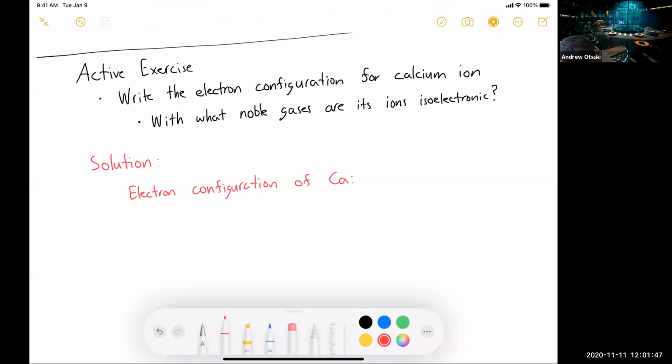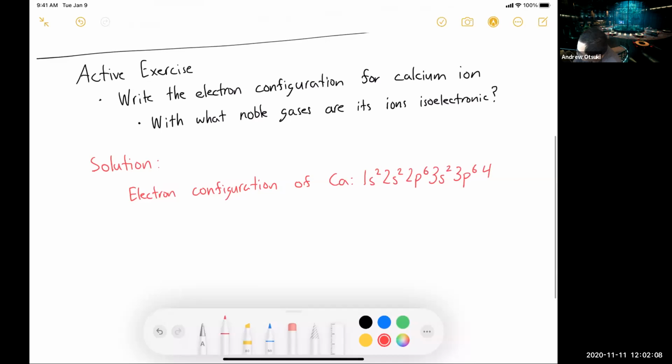So we're going to write 1s2, 2s2, 2p6, 3s2, 3p6, and then 4s2. Remember, we do not go to the 3d level because the d block doesn't start until we reach the n equals 4 level. Okay, so that's the electron configuration for calcium itself.